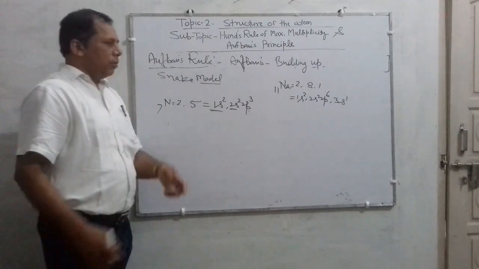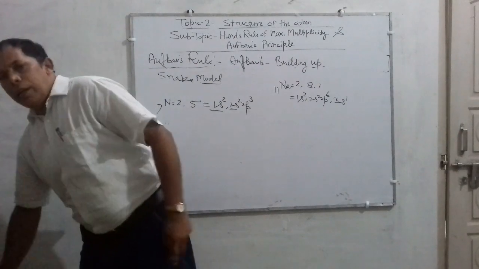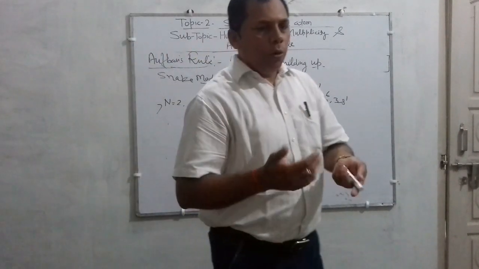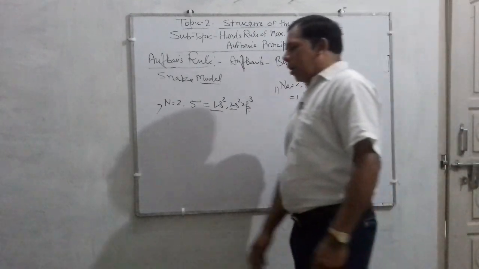Clear, students? One more point: why is this called the snake model, and how can you know the order of energy levels of these various orbitals?